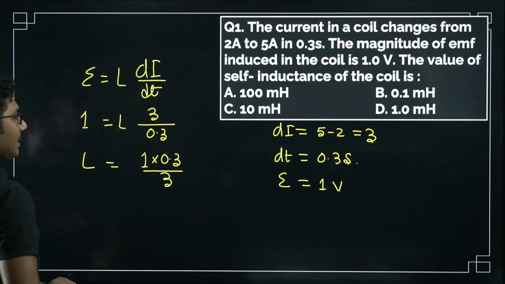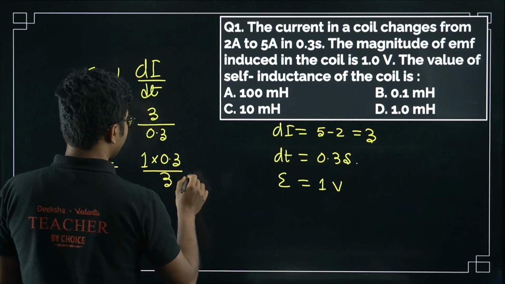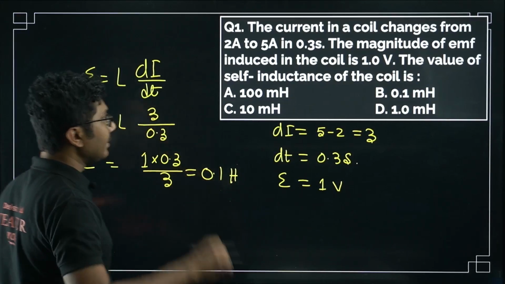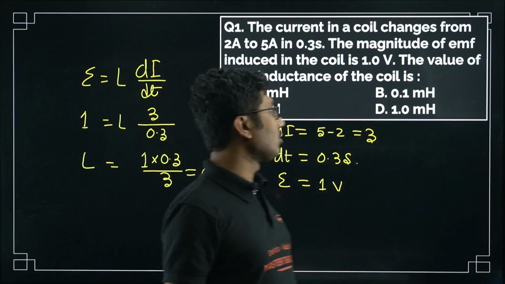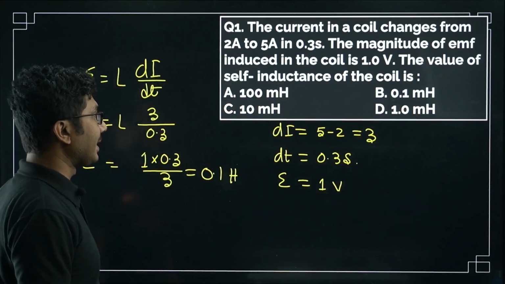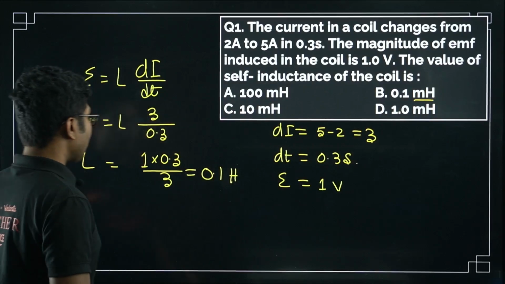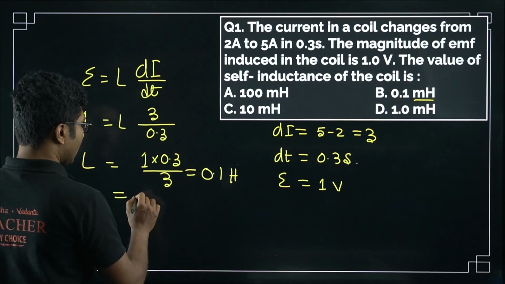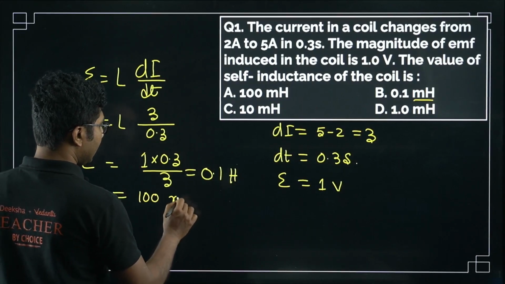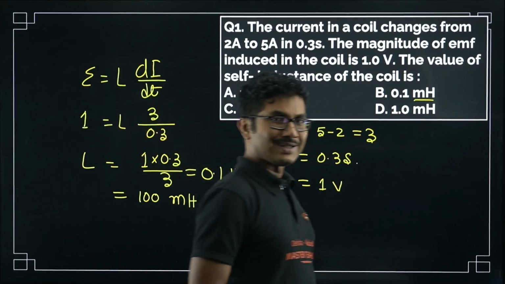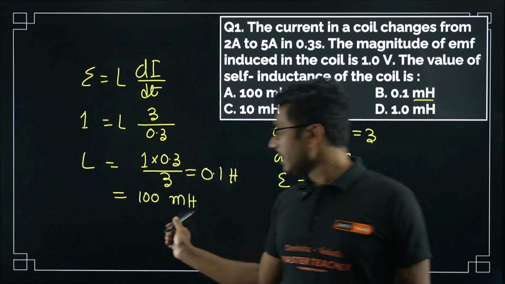Cross multiplication, simple. So it will be 0.1 Henry. Now if you check the options, not a single option is given as 0.1 Henry. Be careful, the options are in millihenry, not Henry. So you have to consider it to be 100 millihenry. Milli means 10 to the power of minus 3. So the answer will be 100 millihenry.